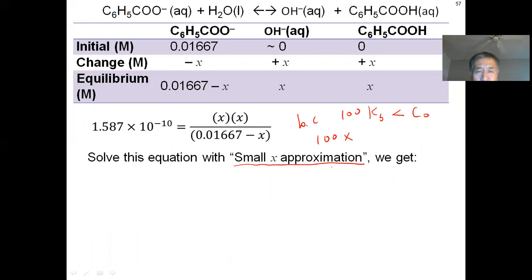So if this is true, we can use this approximation. You see 100 times 1.587 times 10 to the negative 10 equals 1.587 times 10 to the negative 8. So I would say this is much, much smaller than 0.01667.